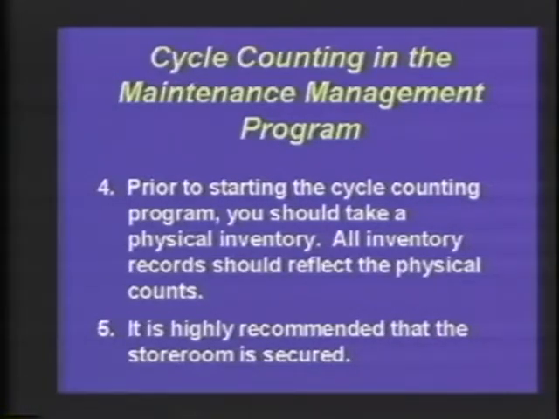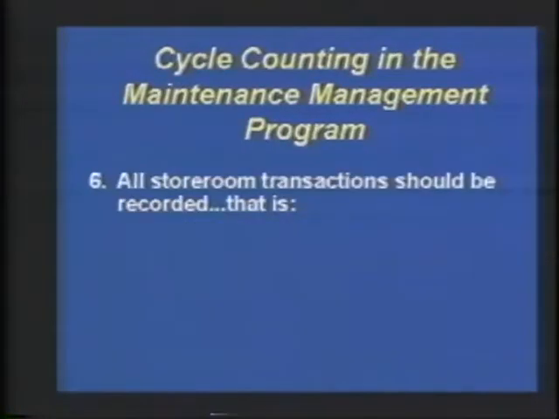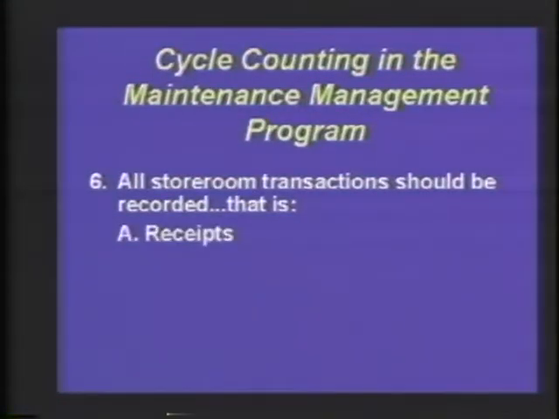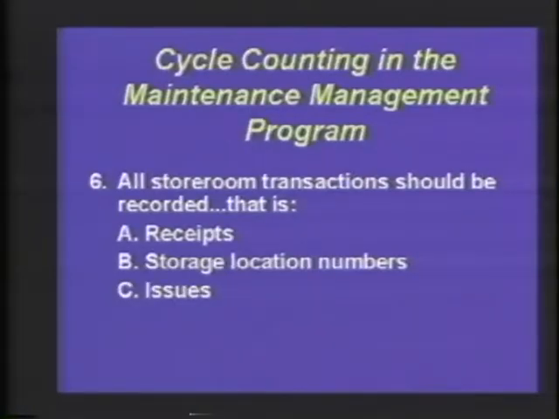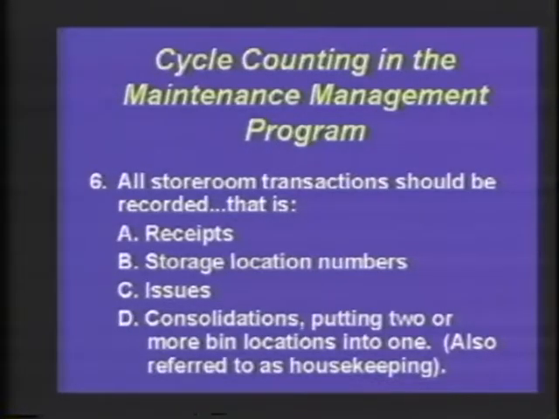You're going to waste your time and you're going to waste your money. After the storeroom is secure, step 6 indicates that the 4 transactions that you find in a storeroom, receiving, storage by bin location, issues, and consolidations, must all be reported accurately.